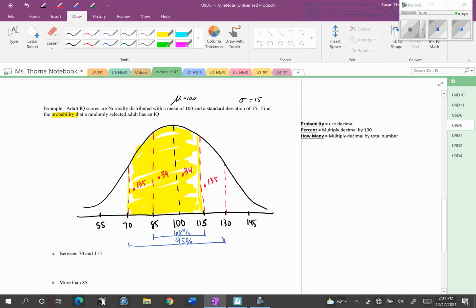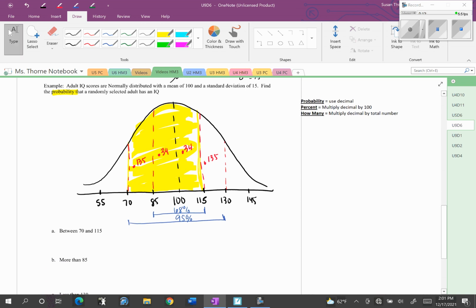So if we want to figure out the probability, we're just adding up 0.135 plus 0.34 plus 0.34. And when we do, we get 0.815. So that would be 81.5% of adults have an IQ between 70 and 115.